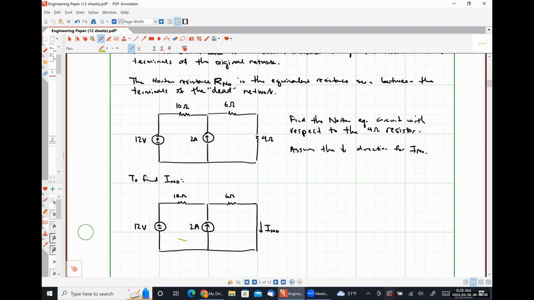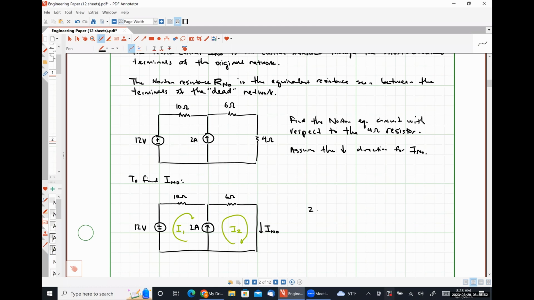So I'm going to call this current I1 and this current I2. Because we have a current source, I should expect to have a current relationship equation. So we're going to say that 2 amps is equal to I2 minus I1.